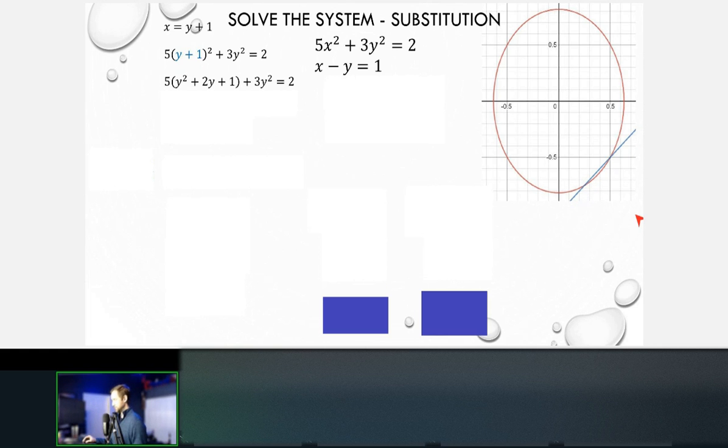So your two answers, y equals 1/2 and y equals 3/4, do these y values reflect your answer? Not really, because both of these y values are negative. So your answers are positive, which means you can't be right.